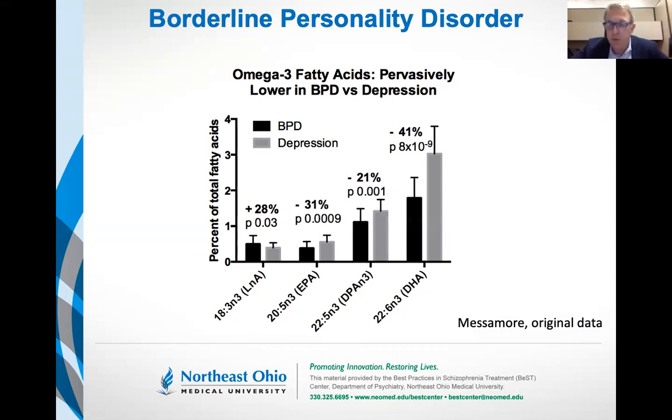The majority of individuals with borderline personality had DHA levels that were less than the first percentile compared to a normative comparison group. So really striking deficits: a deficit exists in depression, and a massive deficit in omega-3 fatty acid content in cell membranes is present in borderline personality.